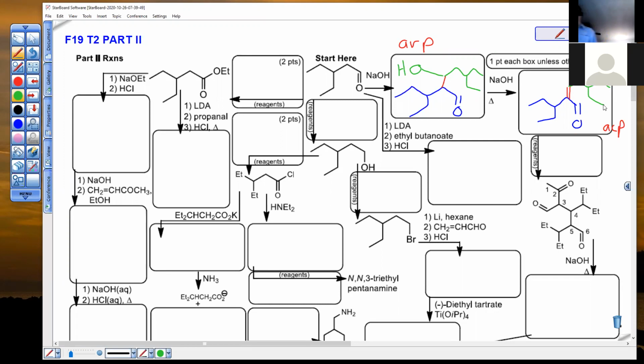It's one of my favorite things in the world to follow that up with a 1,4 addition. And clearly we're seeing this blue piece is here. I'll circle it in blue. The green piece is here. I'll circle it in green. Let's see.